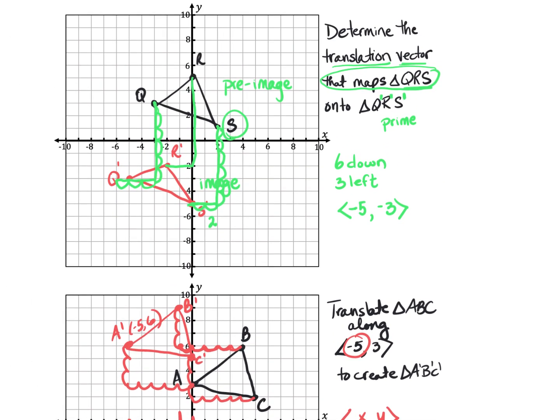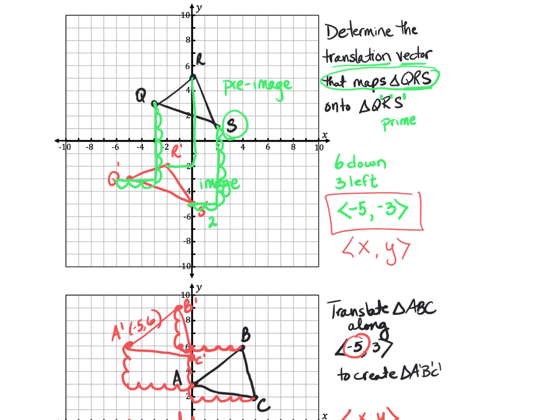So whether you are determining and finding the vector, just remember that, and as a matter of fact, I wrote this backwards, because it's moving along the x-axis, then the y-axis.